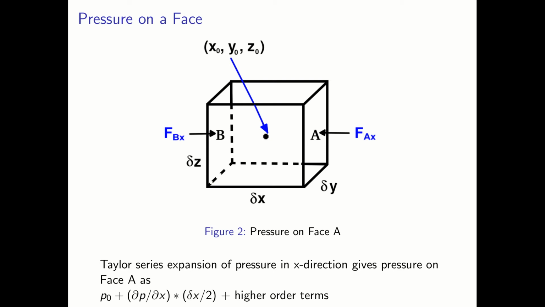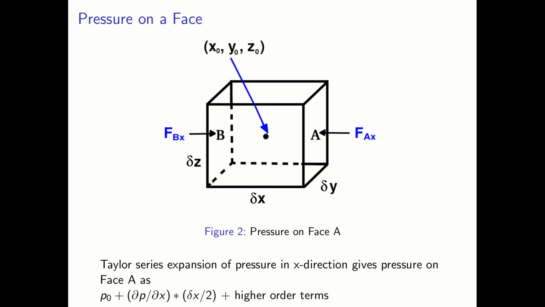Now since the distance between the center of the cube and the face A is delta x by 2, and the similar distance is between the surface B and the center, we can multiply this distance with the gradient of pressure, so that the resultant pressure at surface A is P0 plus del P by del x multiplied by distance, so delta x by 2, and we'll have the higher order terms also depending on the gradient of gradient itself and so on.